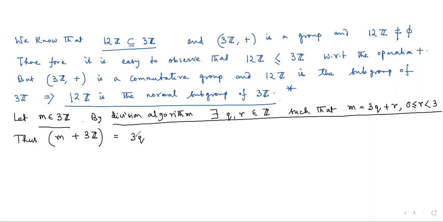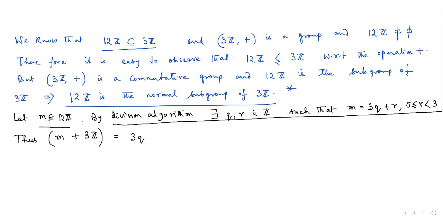That is our objective. So no, I'm choosing the element not from 3Z. I'm going to choose the element from 12Z, because I have to make the quotient group with respect to 12Z.